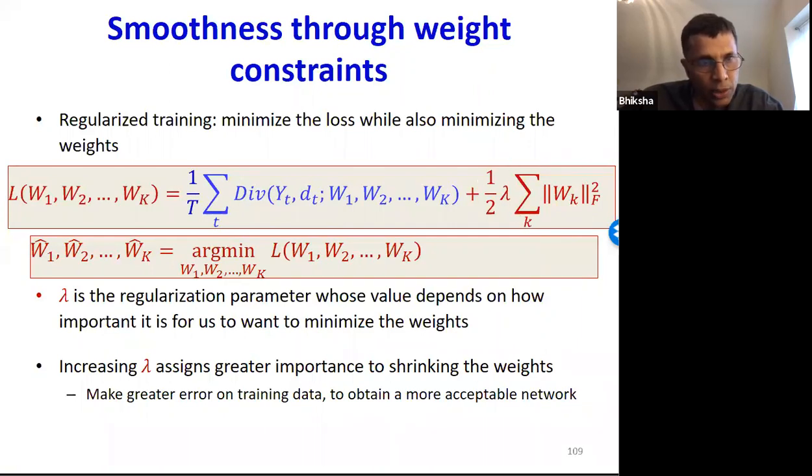And when you minimize this augmented loss function, it's not only going to minimize the divergence, it's also going to try to make sure that the weights are small and that the functions therefore that it learns end up being smooth. And the amount of importance that you assign to learning small weights is going to depend on this regularization parameter, lambda.